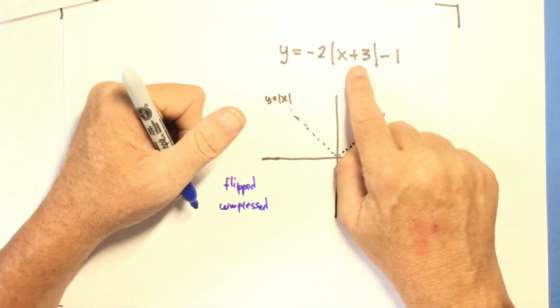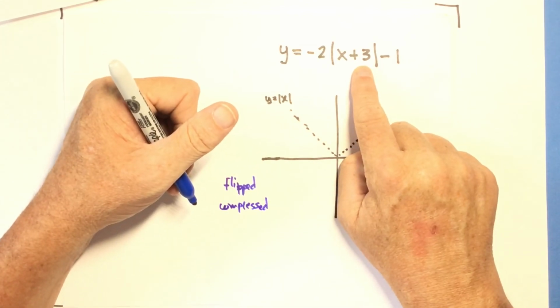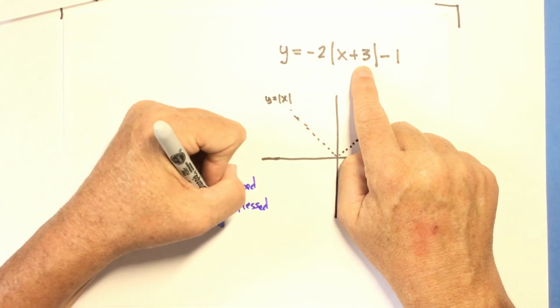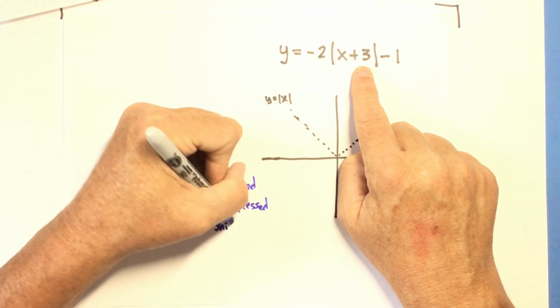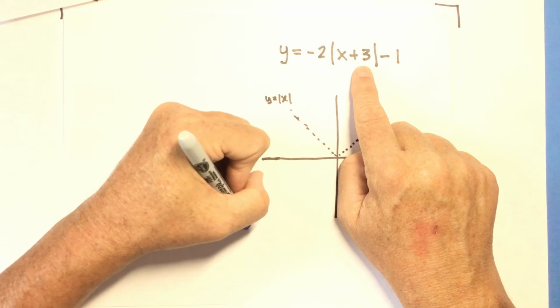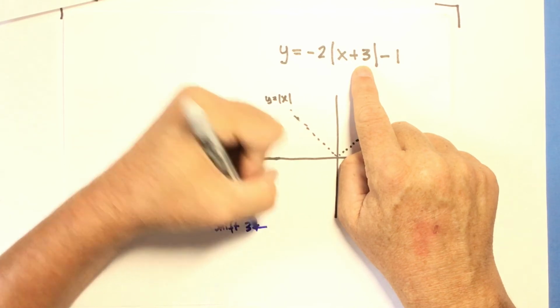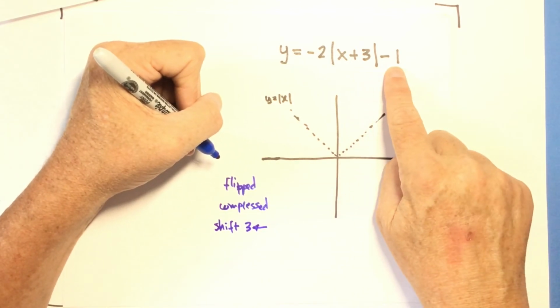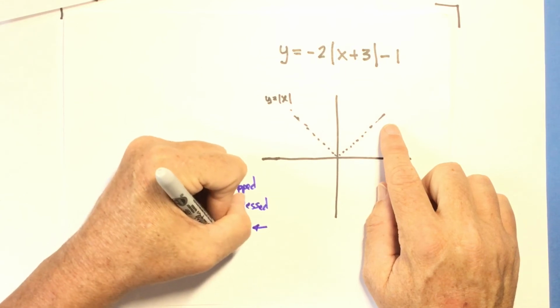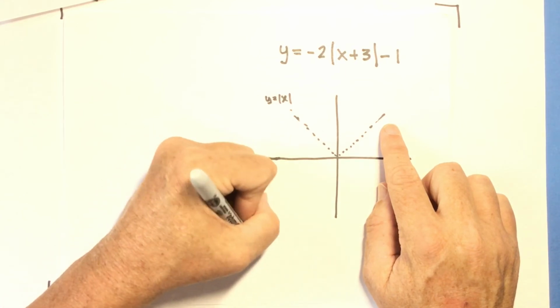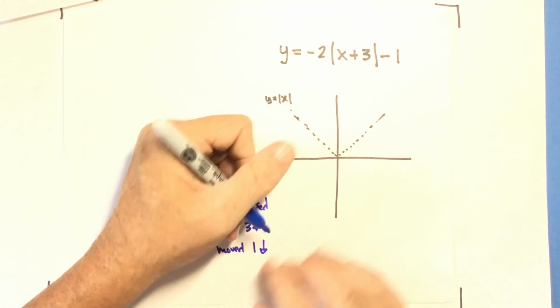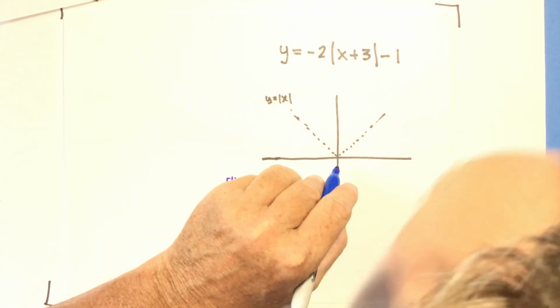It's going to be shifted 3 units to the left. So shift 3 to the left, and it's going to be moved 1 down. All right, so I'll just start with this point right here.